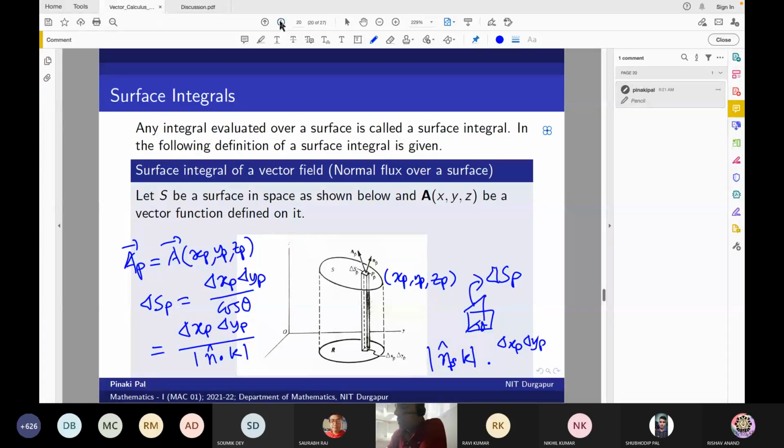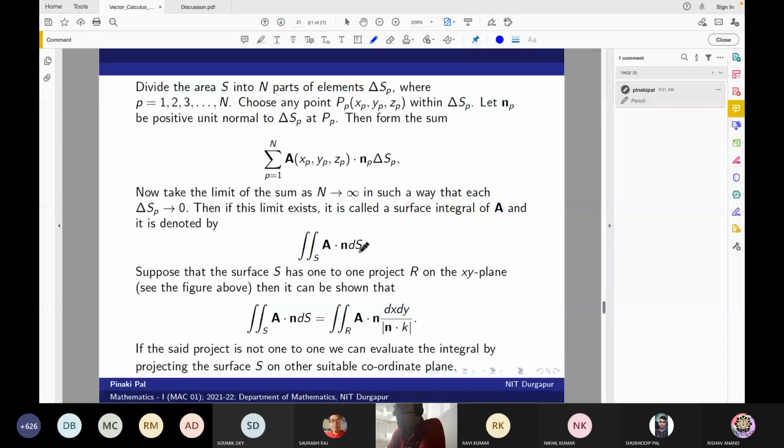Okay, so you see, then this dS can be converted to this differential if we are allowed to take the projection on the XY plane. So the evaluation of dS we don't know, but once we have the differential in this form, dx dy divided by some number mod of N dot K, you will get some function over there.